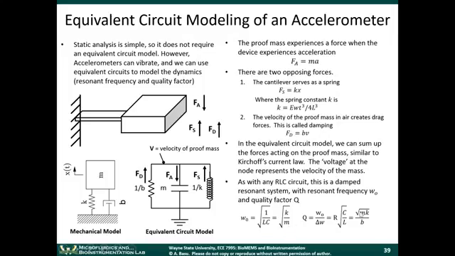Another thing here, we have the quality factor. Now, quality factor represents this idea of how much energy loss is in the system. If we were to tap that mechanical system and it starts vibrating, if there are energy losses, if there's damping, those vibrations are eventually going to disappear, right?